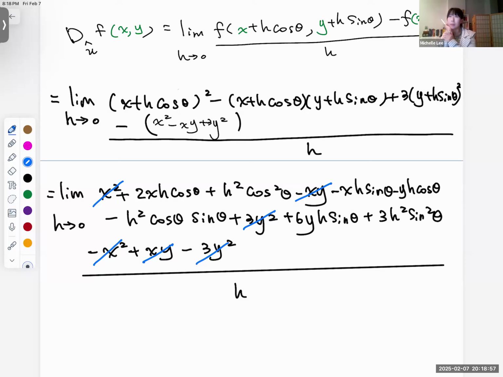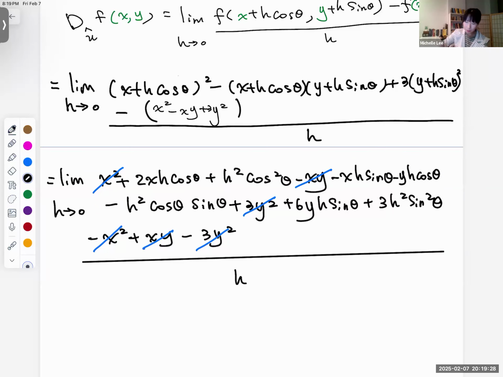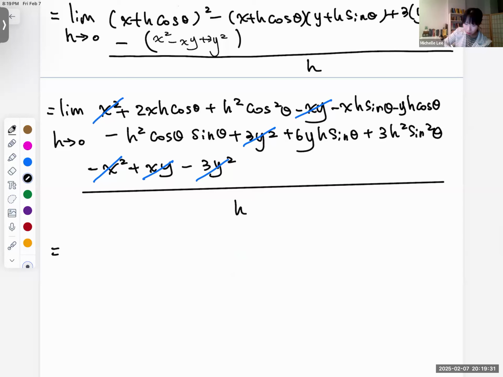Let's make it bigger. Okay, then we have experience. Let's skip the one step. Let's factor out h because h is common there. So that we can simplify with h, right? That's the technique we've been doing.